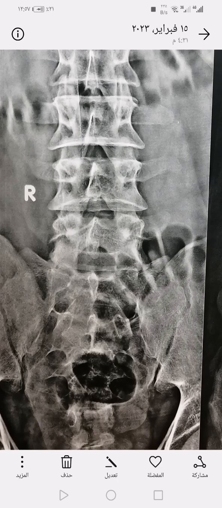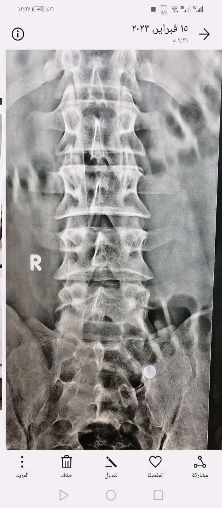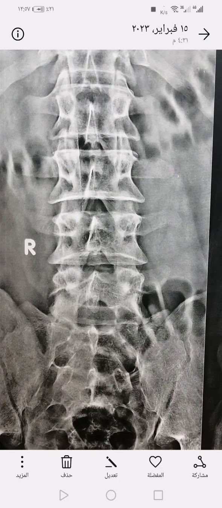Sometimes the vertebrae are not 5 lumbar and 5 sacral. They may be 4 lumbar, as in this case, and 6 sacral, which is what we mean by sacralized L5. So we have L1, L2, L3, L4, but L5 is pushed into the sacrum, becoming one of the sacral vertebrae.